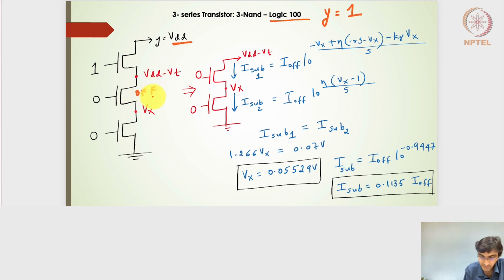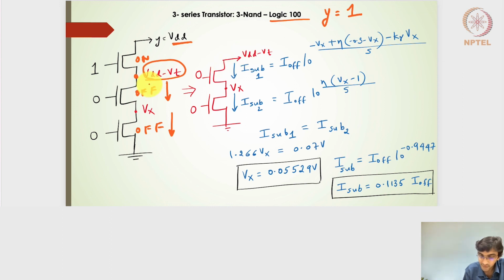So these are going to determine the subthreshold leakage current, and this is an on transistor, right? This one being an on transistor, and if Y is held at VDD, I can consider it to be a pass transistor, and the other side of the node will be charged to VDD minus VT, right?